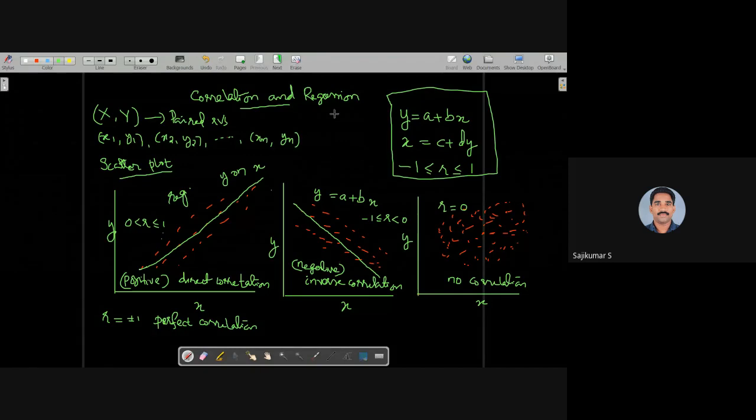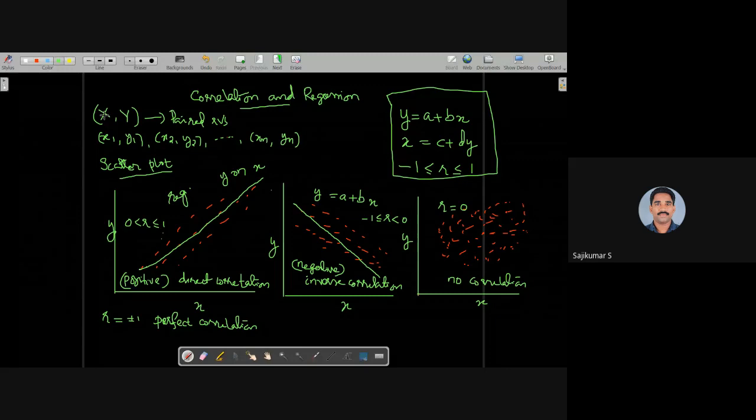That means computation of regression lines and computation of correlation coefficients are always asked together. For a given set of bivariate data, the questions may be: identify whether there is a linear relationship; if there is, identify that relation in terms of y on x or x on y; and measure the degree of linear relationship between the random variables.